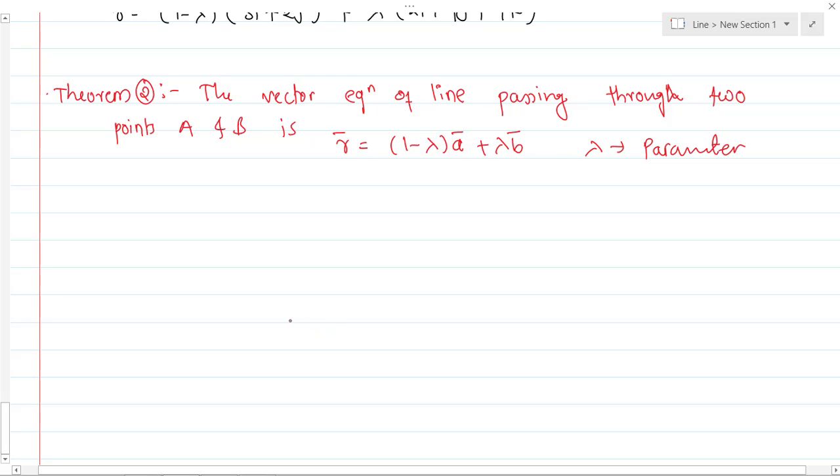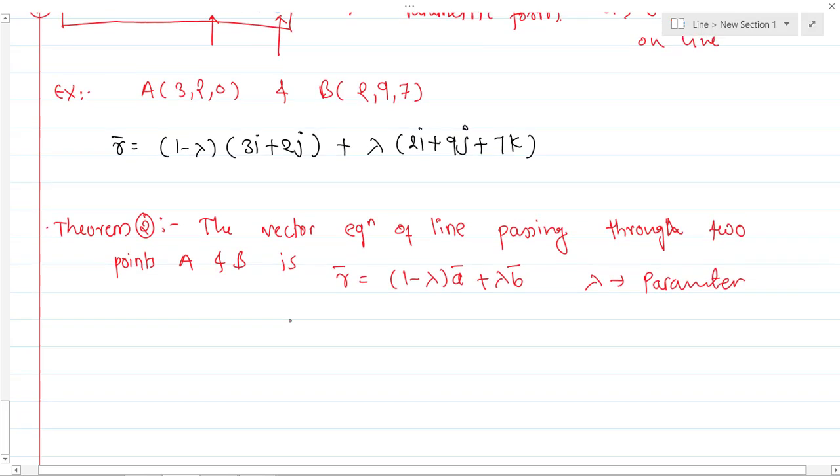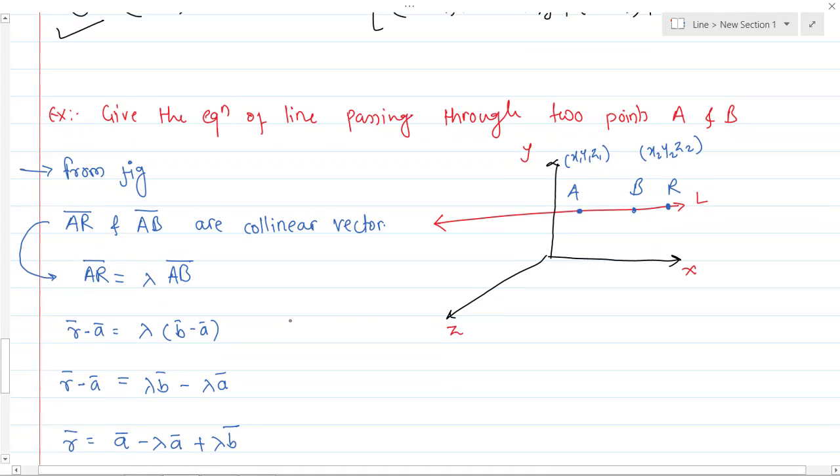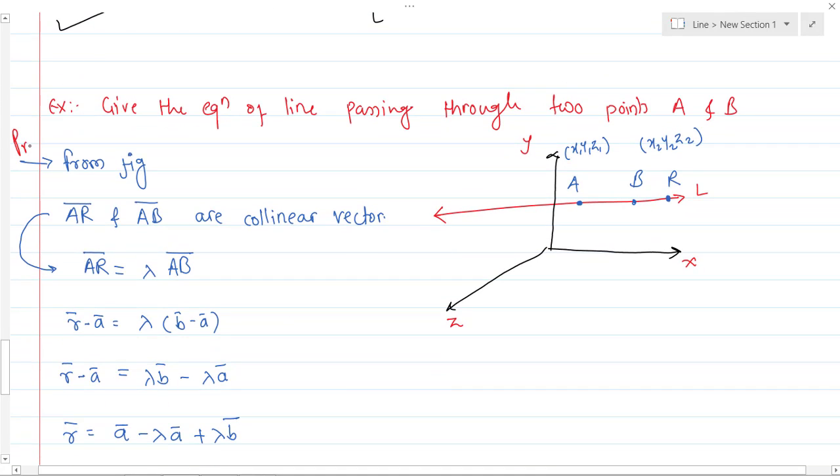So this is the statement for your theorem number 2, and this is the proof. Okay, so this is the proof of your theorem number 2. I hope it is okay.